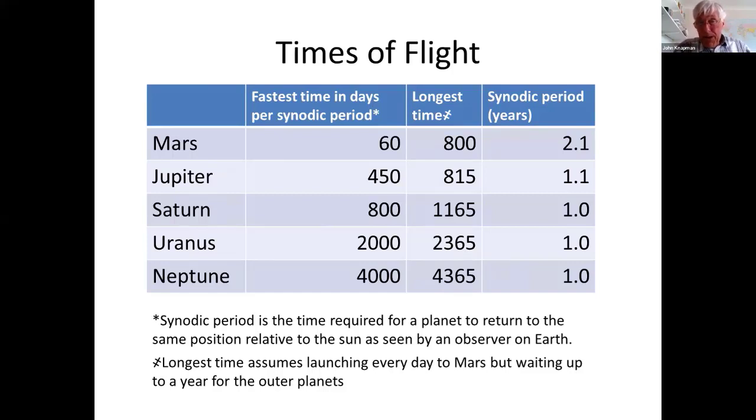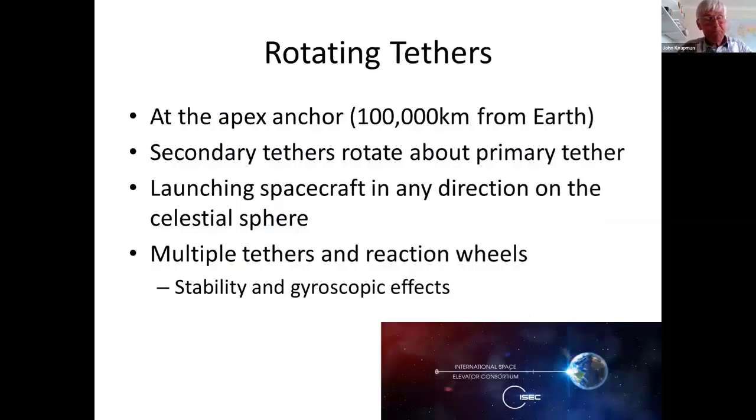Generally, with the planets, we assume you would pick your time, unless you want to go to mass production, Jupiter, Saturn, Uranus, and Neptune as well. But these times are far lower than can be achieved today, where typically today you have to do a gravity assist maneuver around Venus, and it takes many years to get to the outer planets. So the benefits are there.